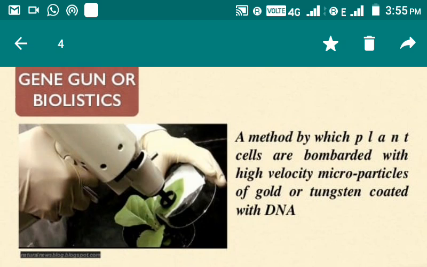It is a kind of sophisticated gun in which gold particles or tungsten are bombarded, and on these particles our gene of interest, that is DNA, is coated so that it can travel and move to the specific location. For that purpose we are using it.